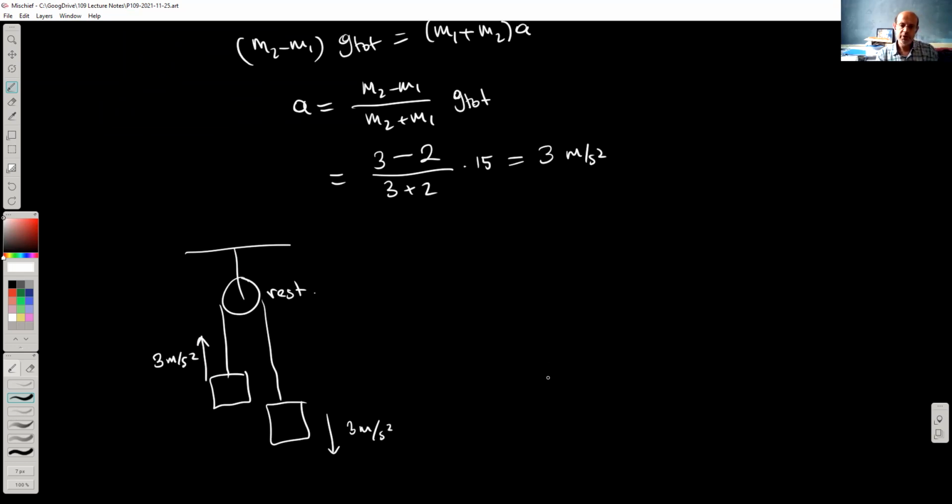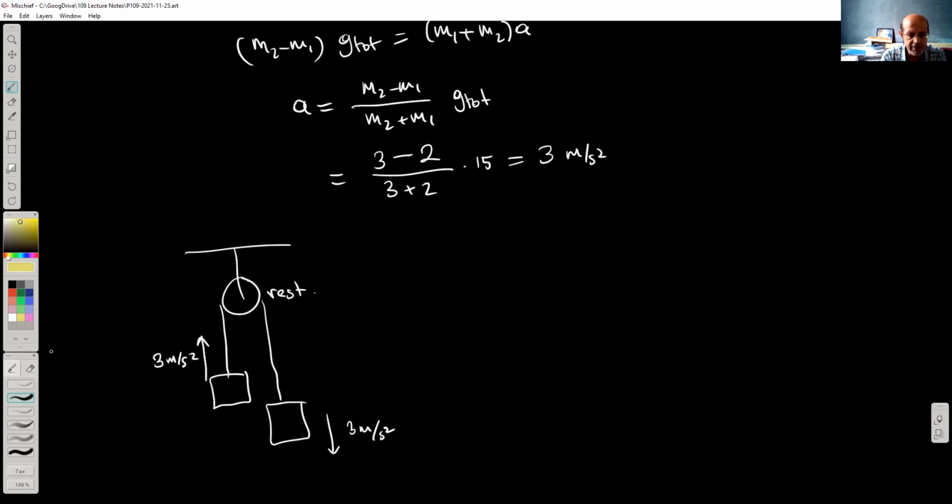Now, I would like to transform these accelerations to the other reference frame, to the original reference frame. So in that case, I have to look at the relative acceleration relative to this one. And it's going to make life easier for me if I use a definite reference frame.